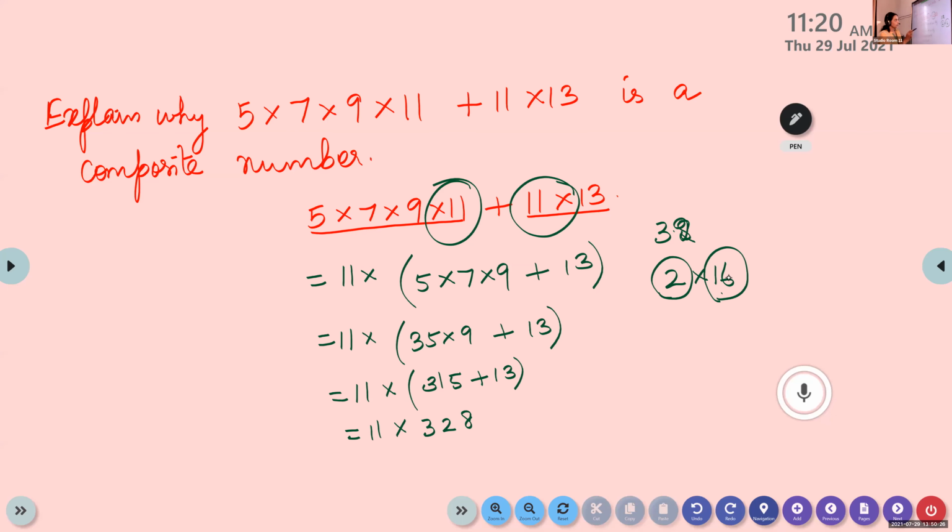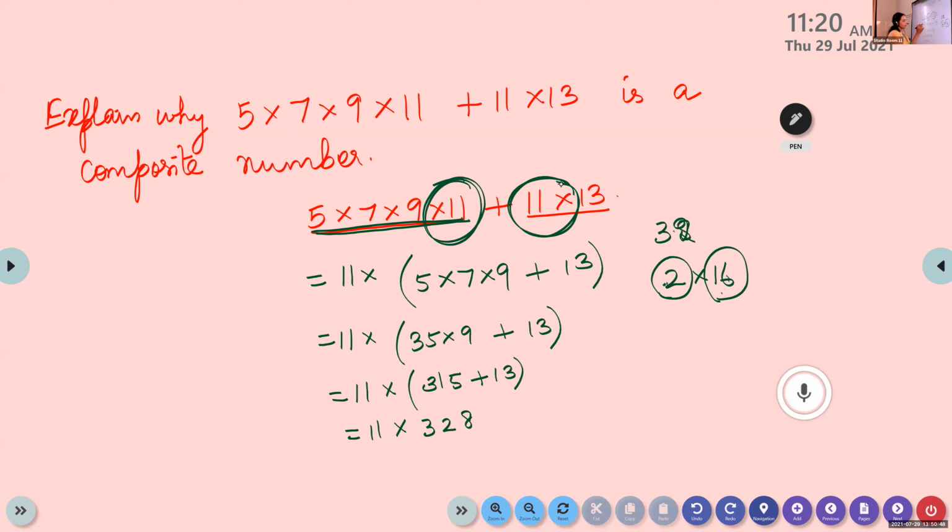Same way here, you are given a number like 5 into 7 into 9 into 11 plus 11 into 13. We compare these 2 terms and check which is the common one. We take the common one outside, and what is left is 5 into 7 into 9 plus 13.